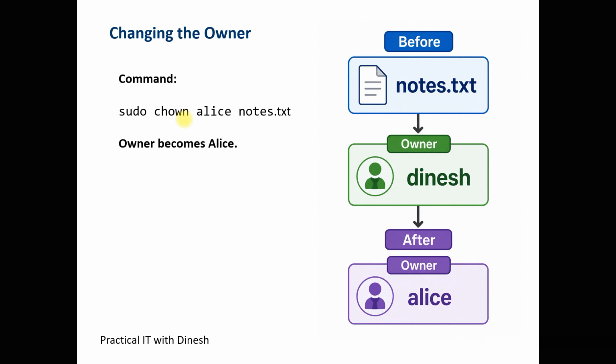Sudo is used to run with administrative privileges. Chown changes owner. Alice is the new owner. Notes.txt is the file to be updated. After running this command, Alice becomes the owner of the file.